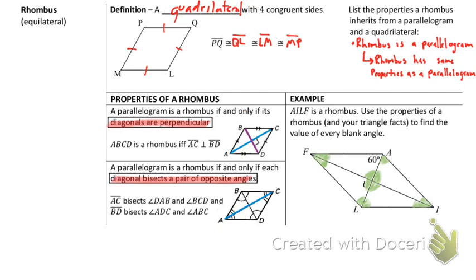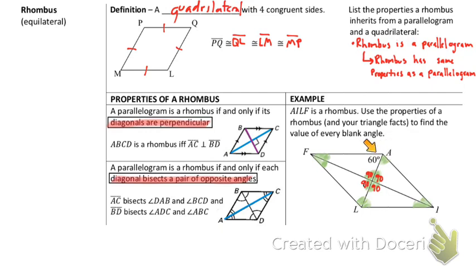That's this property here. So that means if they cross each other at 90 degrees, all these angles here have to be 90 degrees. So that's a good start there.